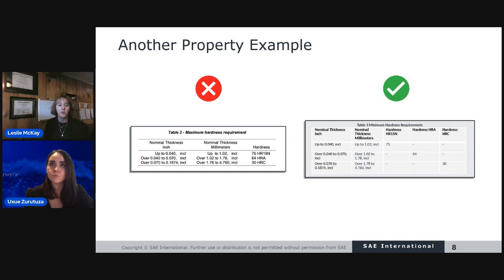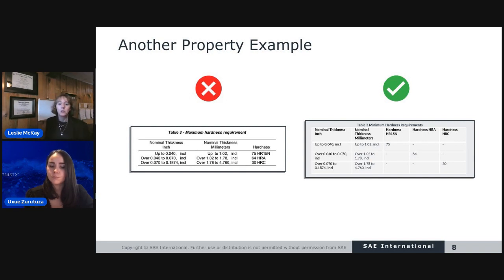You might want to search for a material with a certain hardness measured by HR15N versus HRC. So separating these out into separate data columns is the best way to organize this table, even though you have some cells that have no data values.